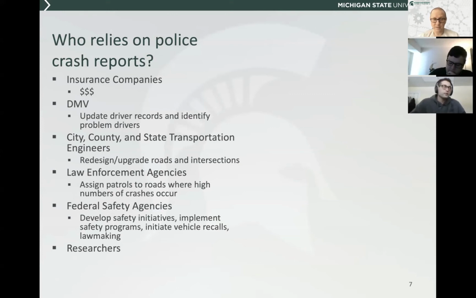So the FHWA would be interested in this just from a performance monitoring and measuring standpoint. Tracking progress towards the goals outlined in the highway safety plans that have been implemented in these states. NHTSA would be interested in some of this information when we look at things like vehicle recalls. So some of that information can be captured from police report forms.